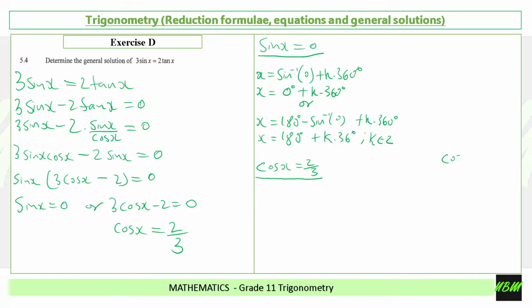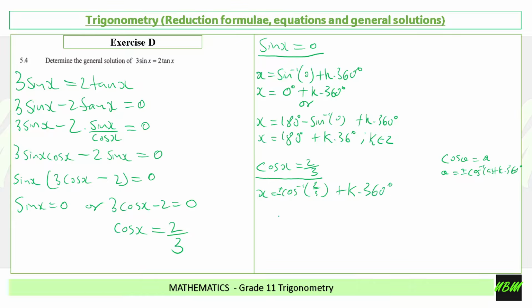Remember that if cos theta is equal to a number a, be it positive or negative, then theta will be equal to plus or minus cos inverse of a plus k times 360 degrees. Therefore, using that method here for cos x is equal to 2 over 3, we get x is equal to plus or minus cos inverse of 2 over 3 plus k multiplied by 360 degrees.